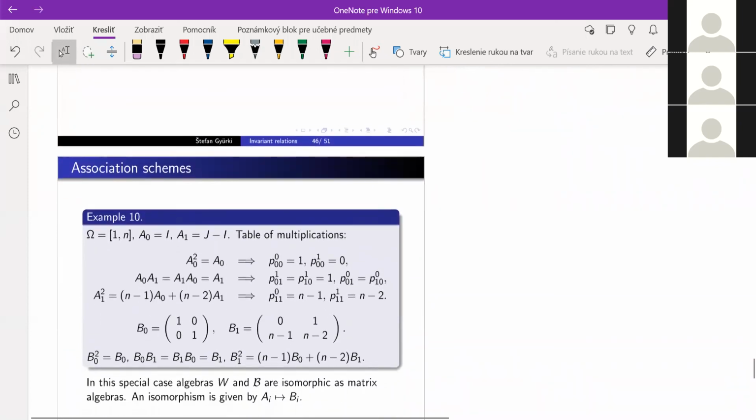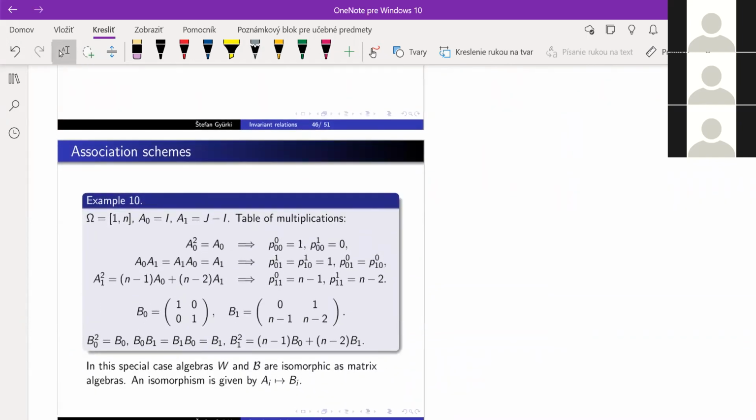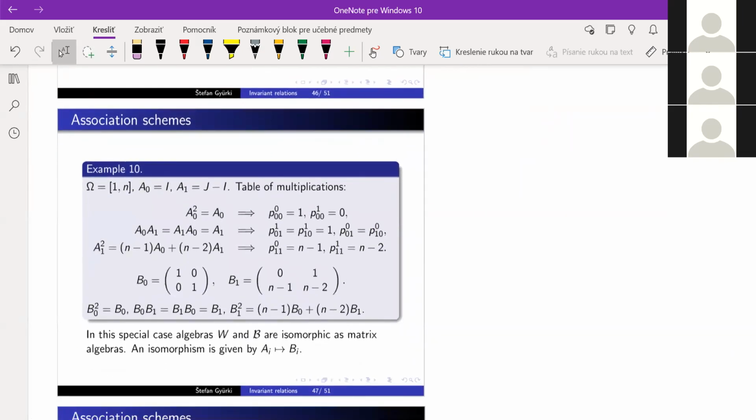So here is a very easy example, such that here you have P0,0,0. This is this one from here. After that, you have this from here, and so on.